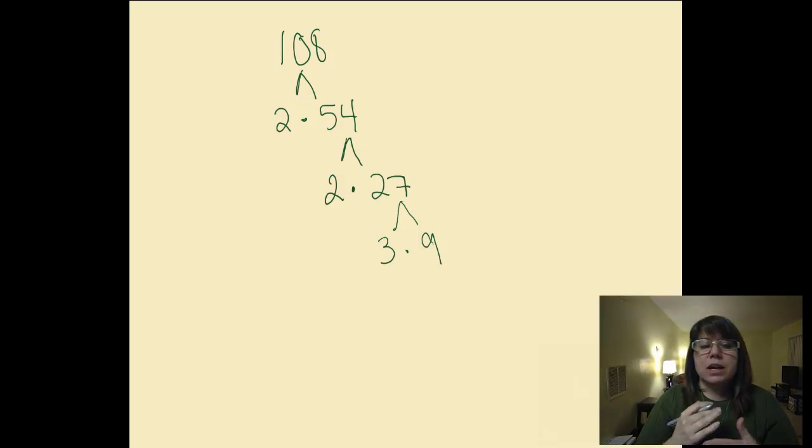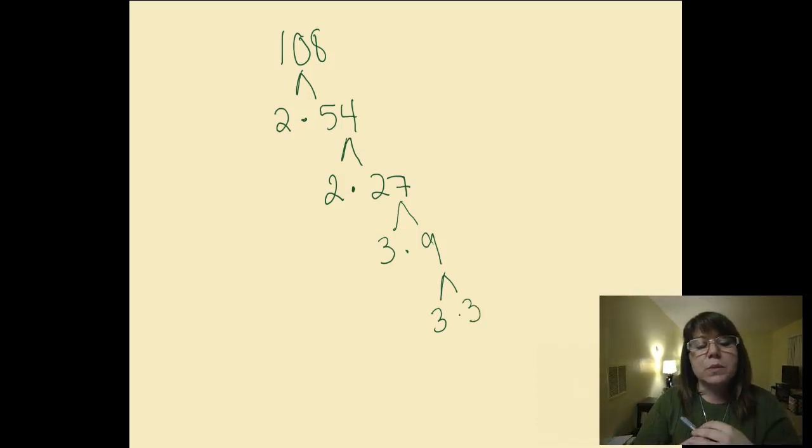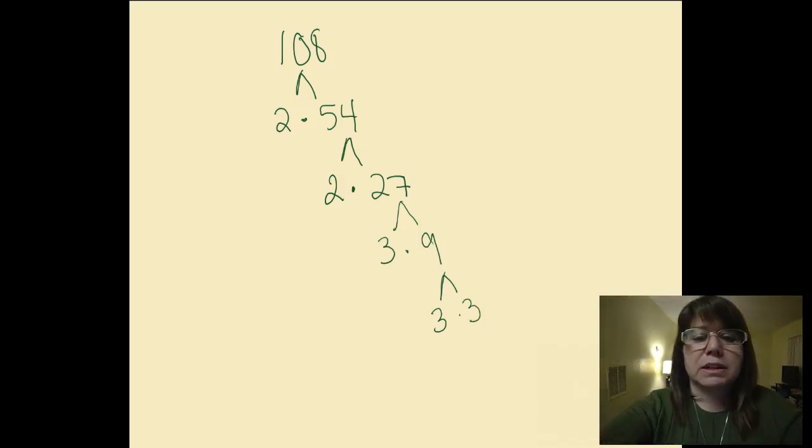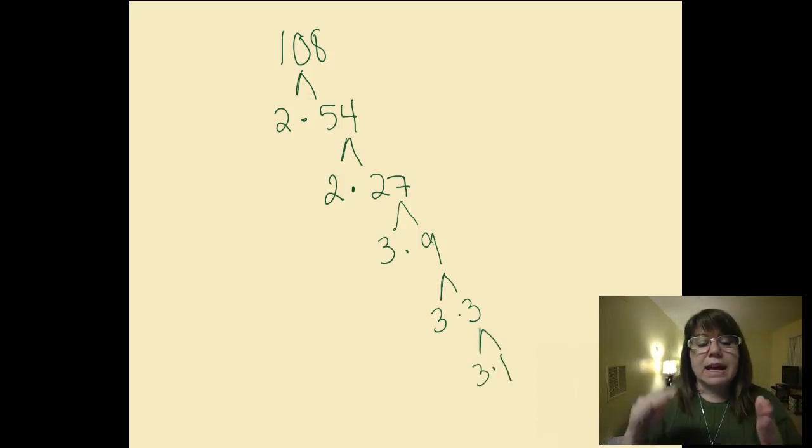So I'm down at 3 times 9 now, and 9 is not prime. But I can break down 9 into its prime components as 3 times 3. And last but not least, 3 can be written as 3 times 1. As soon as I get to a 1, I'm done. There's no way else I can break apart a 1.